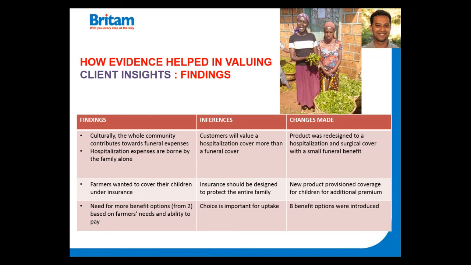So Britam realized that choice is very important for uptake, and 8 different benefit options were introduced. These are some of the key insights that helped us in revamping the product. And as you saw, these changes really helped us in improving the product and making it a successful microinsurance product. Next slide, please.